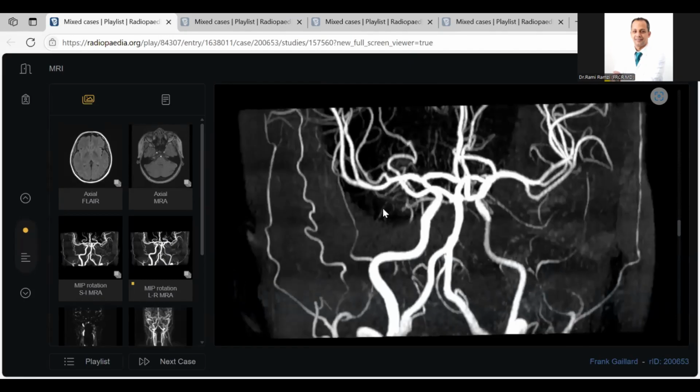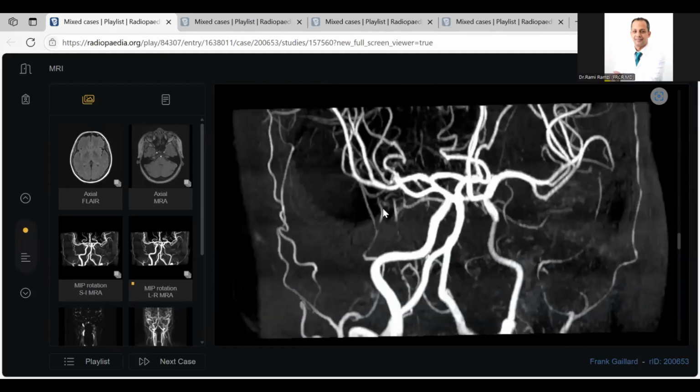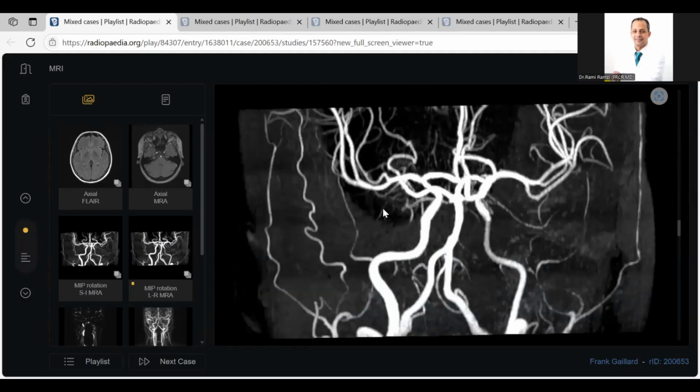Strikingly, I can see that the internal carotid is narrow in caliber when compared to the right or left. So this is an MRA, isn't it? So it would be on the same side. Which ICA is narrow, right or left?